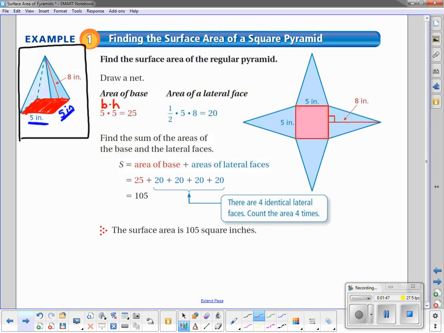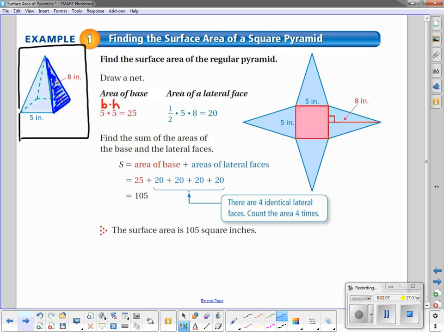The lateral surface is the triangles in this case. And so we're going to start with this first triangle. And we have this measurement given to us that says that the height is 8.